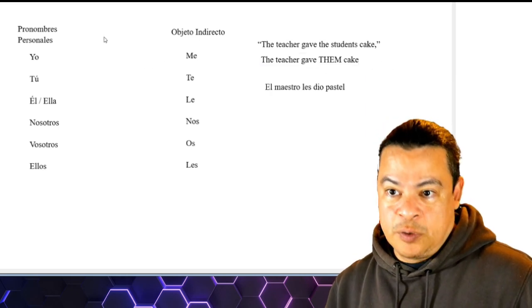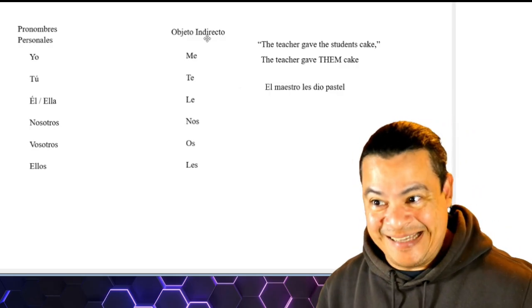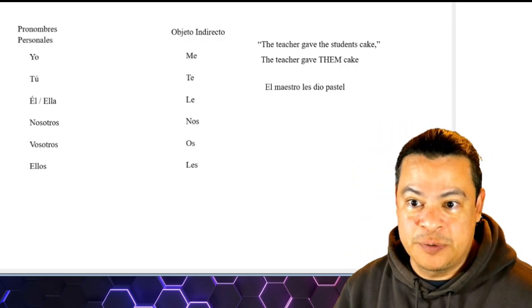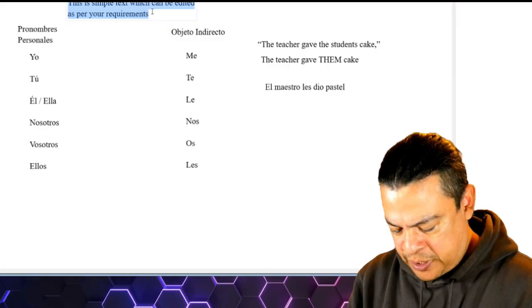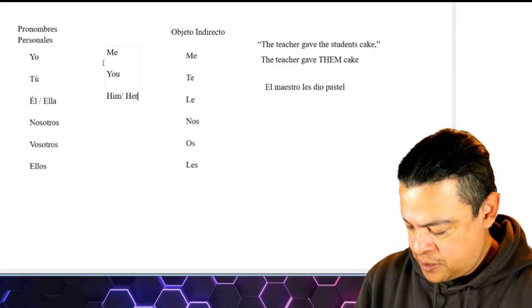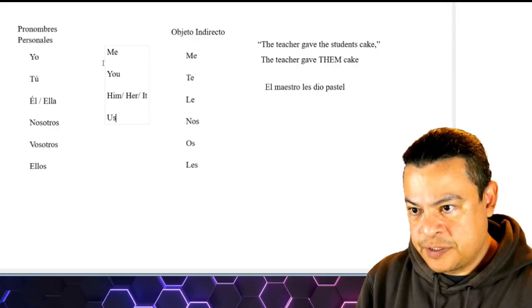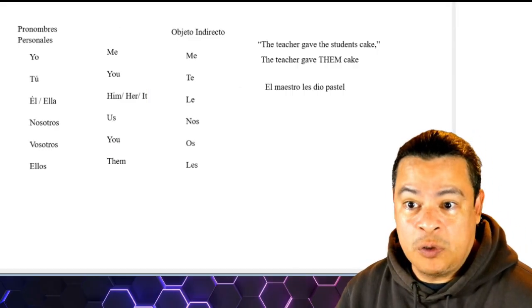Okay. So if you want to understand what the indirect object is, then I'm going to show you another trick that is called object pronouns. Me, you, him, her, it, us, you, and them. Okay, so what's this called in English?